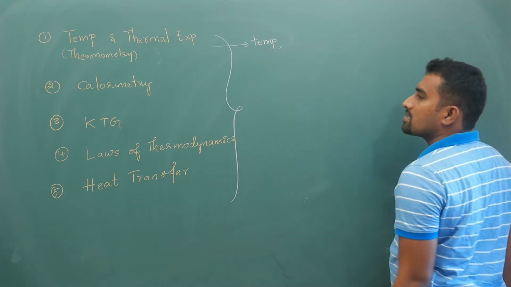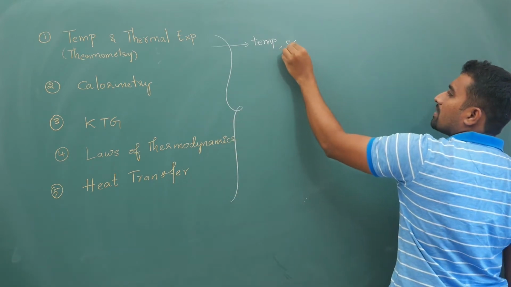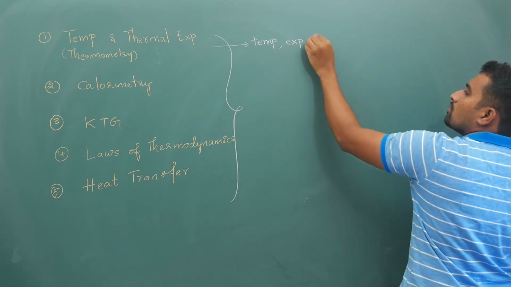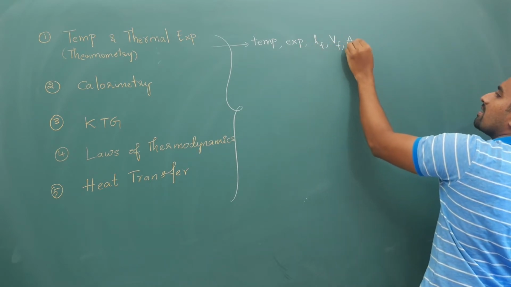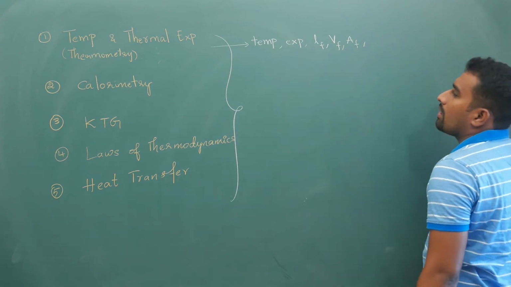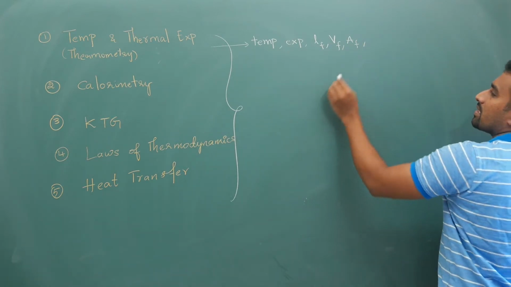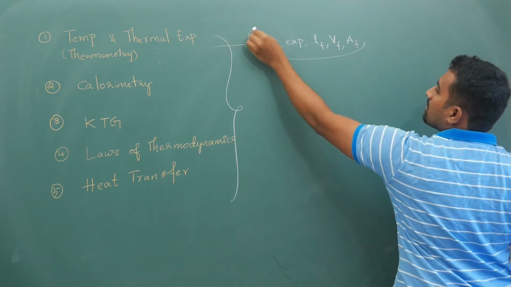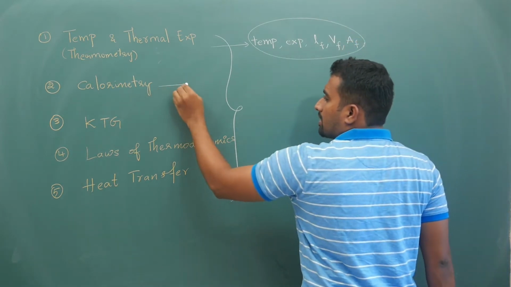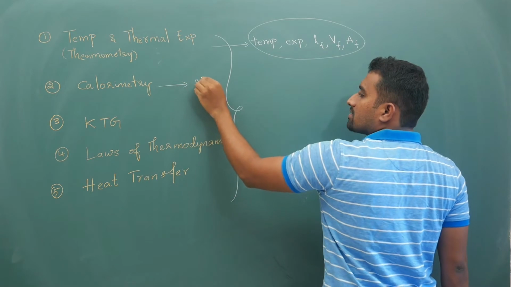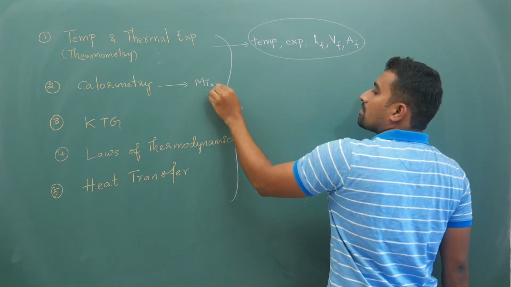When objects are heated, what will happen is expansion. So you will be calculating final length, final volume, final area, and then volume spilled out, such kind of stuff.